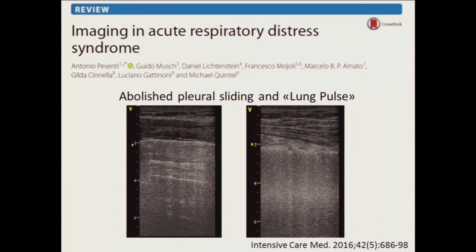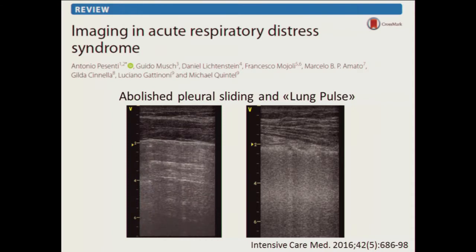Another interesting characteristic of lung ultrasound is that it provides not only static information but also dynamic information. So we have here two lungs with really different aeration, normal aeration on the left and a severe impairment of aeration on the right.